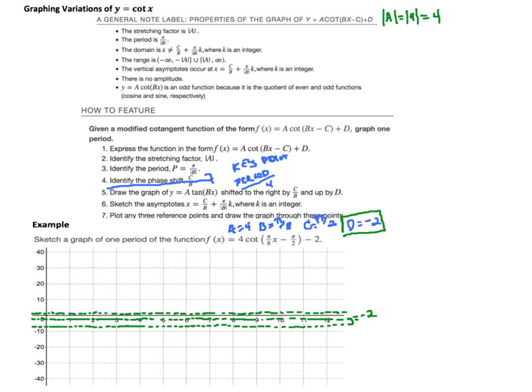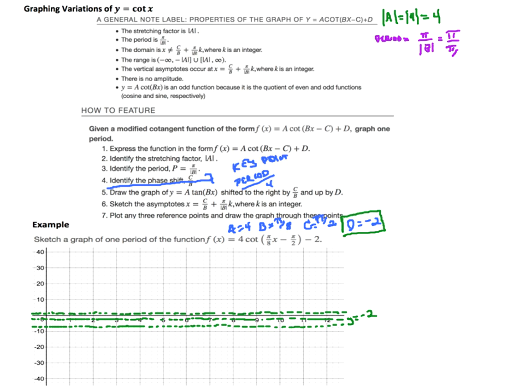Okay. So my period is equal to 2 pi. I'm sorry, it's equal to pi, period of pi, divided by the absolute value of b.